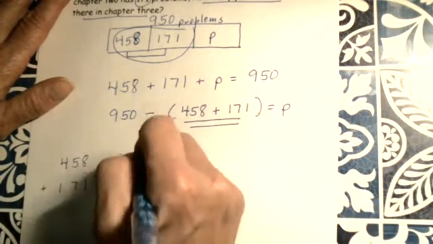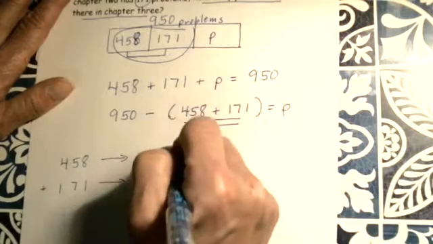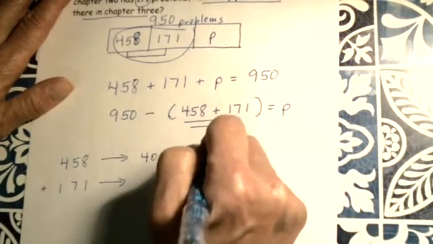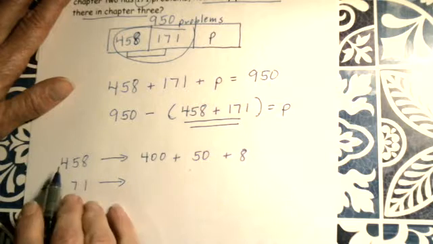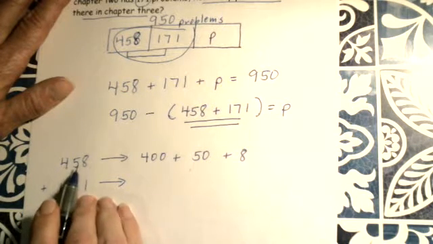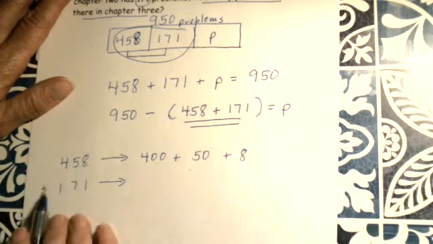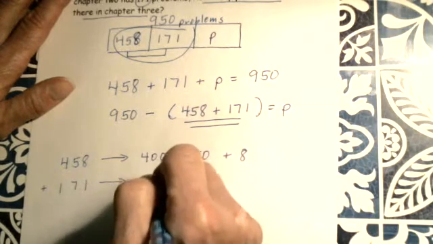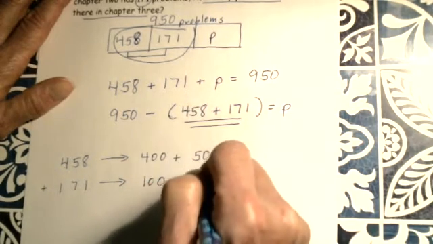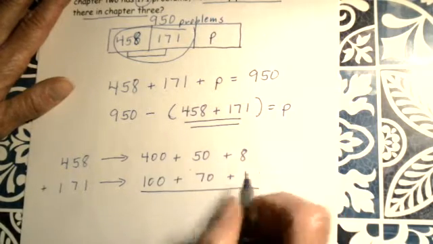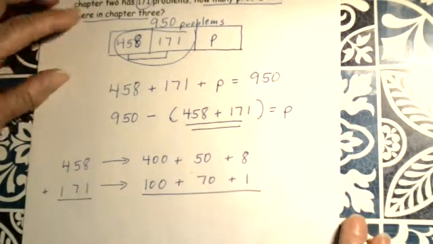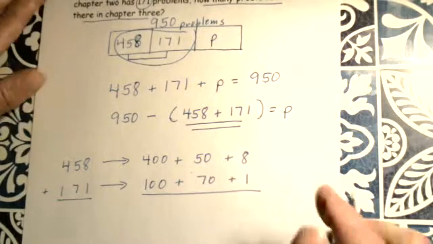So 458 is 400 plus 50 plus 8. 171 is 100 plus 70 plus 1. So again, we're adding up the first two chapters.